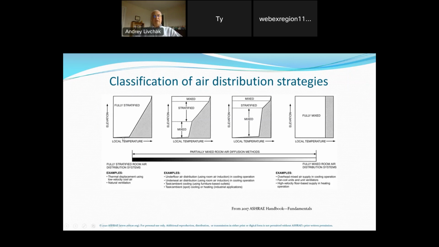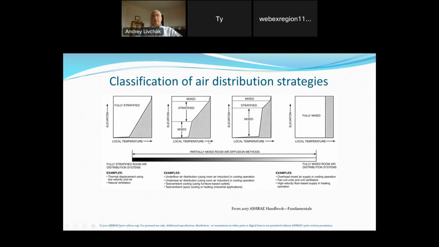Here you can see the temperature profile. On the left chart, you can see the fully stratified system. This is thermal displacement ventilation, where the temperature profile in cooling mode has lower temperature in the lower part of the space and higher temperature in the higher part of the space.